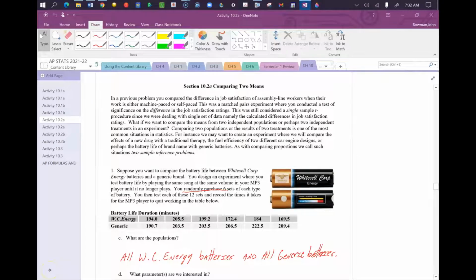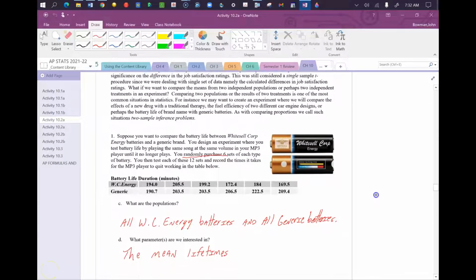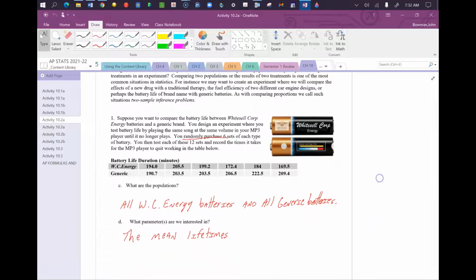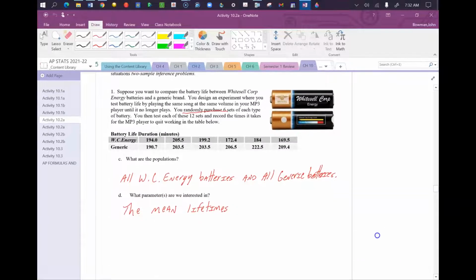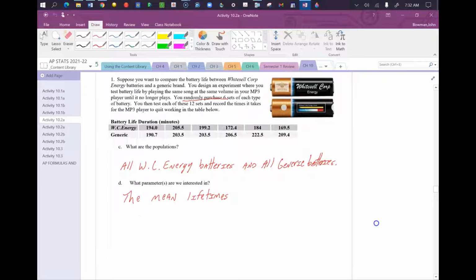In the previous video, you will recall that we talked about the confidence interval for the difference of two means, and we used this example with generic batteries and WC energy batteries.